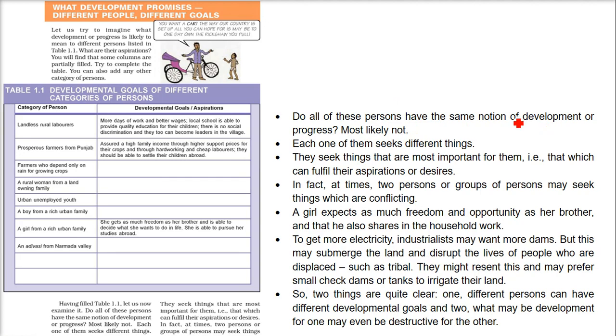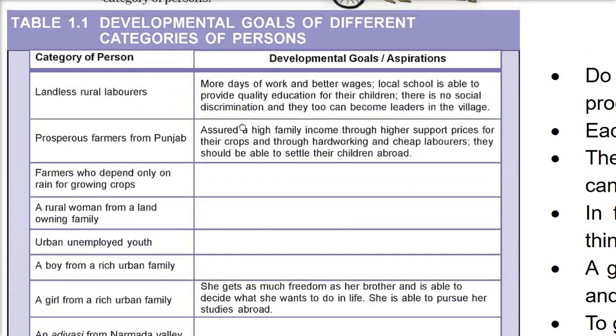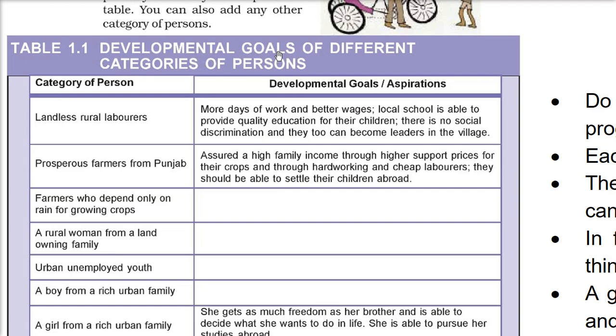So now, do all these persons have the same notion of development? Let me tell you what I am trying to discuss. Here are the developmental goals of different categories of persons. For example, a person living in a rural area who is a laborer and has no land. What is his aspiration? What does development mean to him?